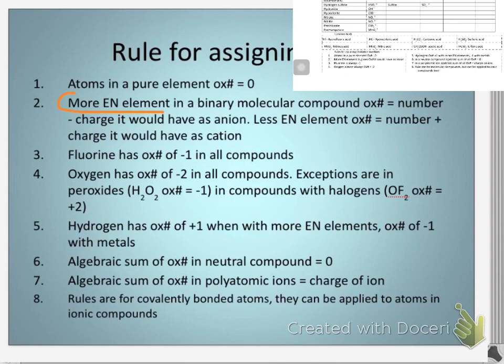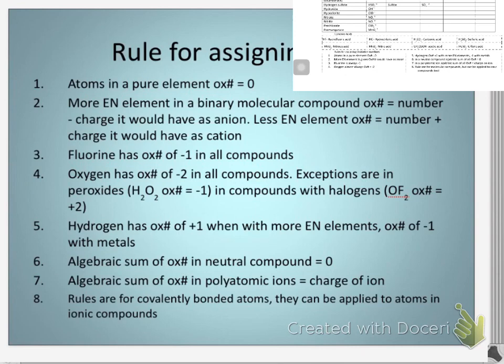Remember, the electronegative elements are going to be more likely, if they were bonding ionically, to form anions. So whatever charge it would have had, we assign that as its oxidation number to start with. The less electronegative element gets the oxidation number equal to the charge it would have had as a cation. Okay, that's fairly simple. You should, by this point, be able to pretty quickly determine what charge something would have.